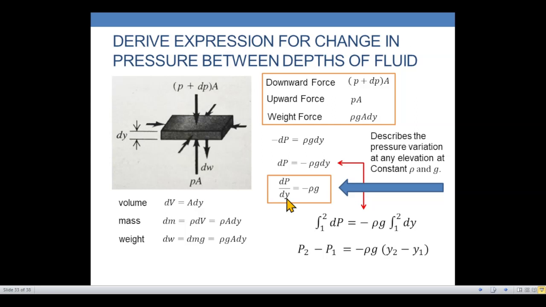So this is the equation that we derived previously. Again, this equation describes the pressure variation at any elevation, considering that the density and the gravity are constant.